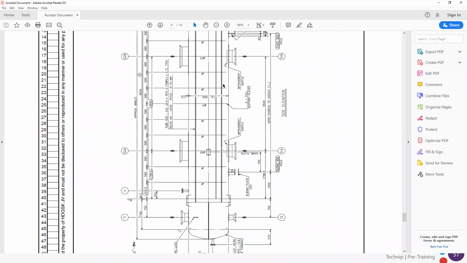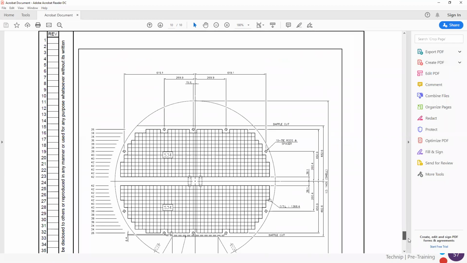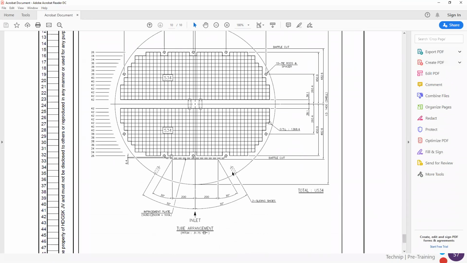So this is the sketch that we are going to see with the mechanical drawing. And this is the tube bundle. As you can see, we have a square tube pitch.